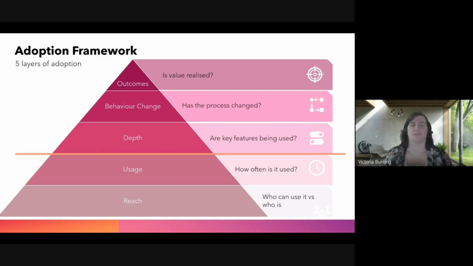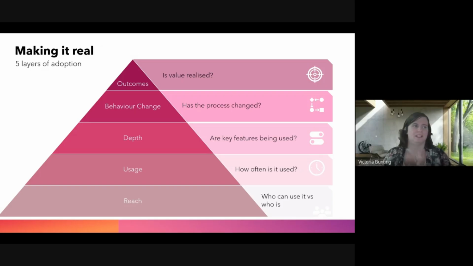Or are people still finding workarounds? So they've reverted back, or they're adapting processes in not an intended way. And then finally, there's the outcomes. So did it translate into time saving or better quality or improved service? How is that value actually being realised? So you have this new solution, and is it being pushed in the correct way?